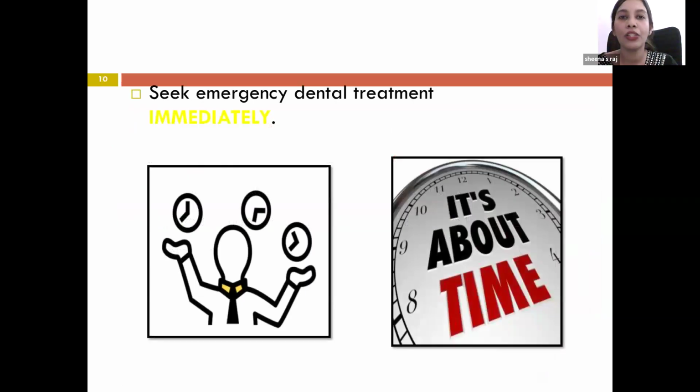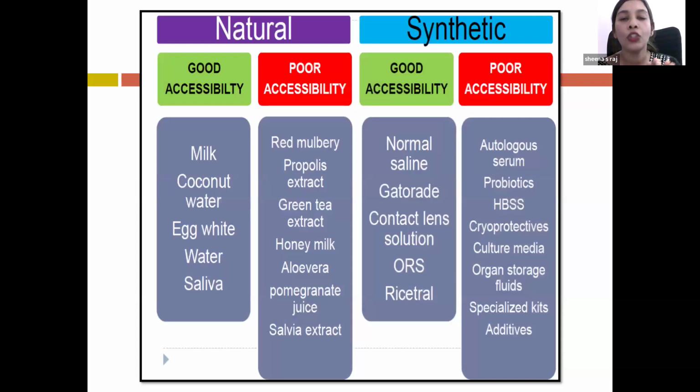Next, once we have dealt with this situation, next is the dental treatment. We have to seek emergency dental treatment immediately. Another important short note that has been discussed is what types of media are used. Media can be classified into two types: natural media and synthetic media. Natural media are again classified into good accessibility and poor accessibility.